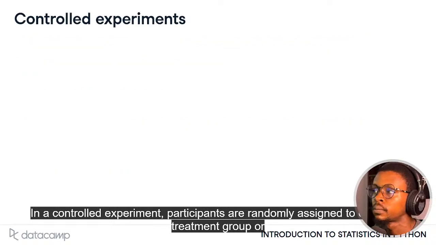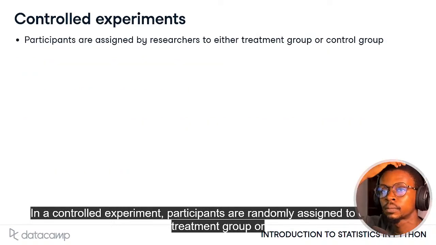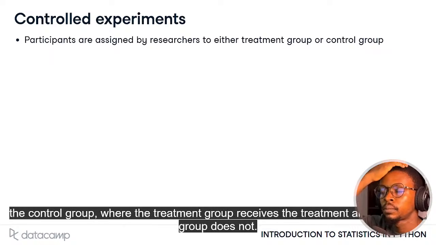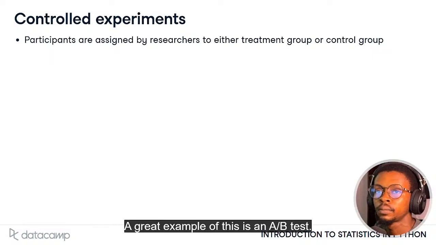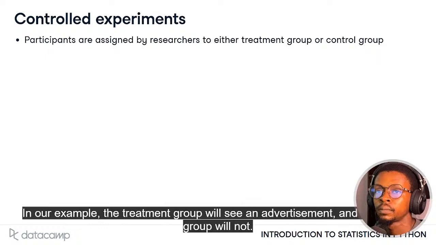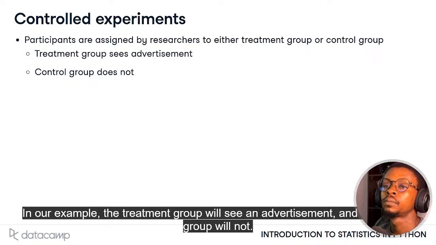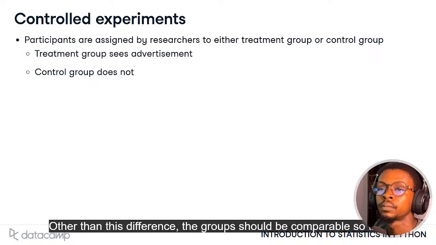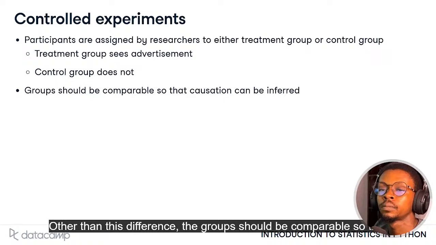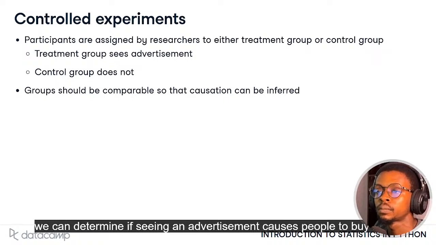In a controlled experiment, participants are randomly assigned to either the treatment group or the control group, where the treatment group receives the treatment and the control group does not. A great example of this is an A/B test. In our example, the treatment group will see an advertisement and the control group will not. Other than this difference, the groups should be comparable so that we can determine if seeing an advertisement causes people to buy more.